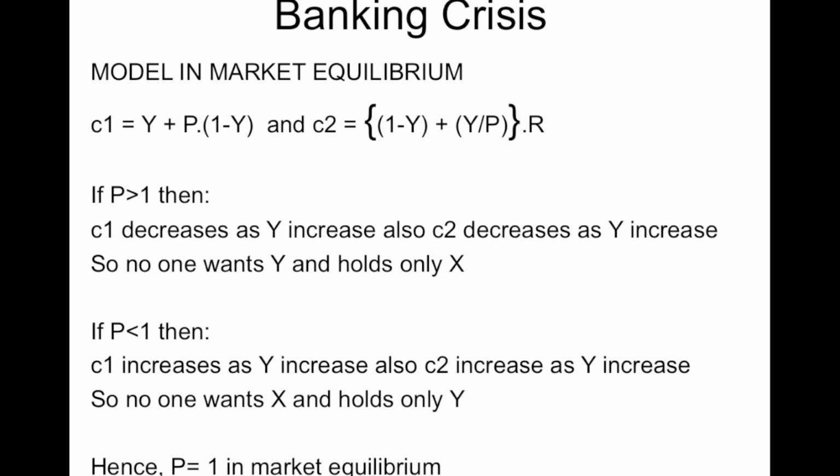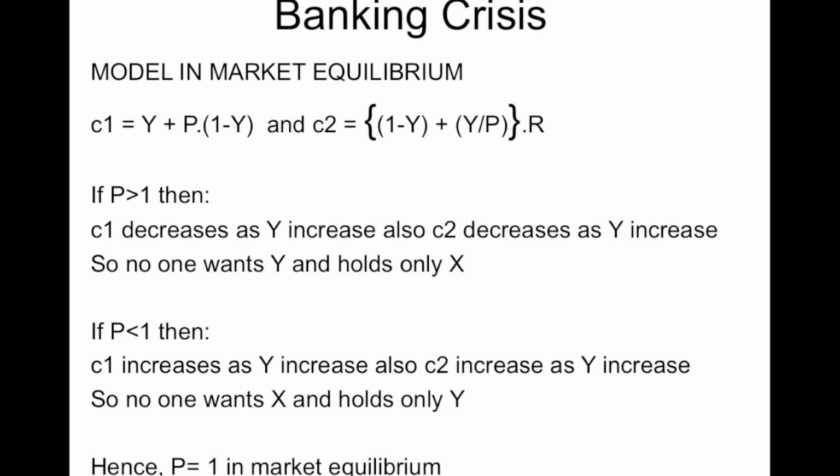So consumption at any point in time, t is equal to 1 and t is equal to 2, decreases as the units of the short asset increase. This means that no one is going to hold the short asset. They are only going to hold X, the long asset. So we are saying that no one wants to hold the short-term asset and everyone wants to hold the long-term asset, which is not entirely true. In the normal world, that doesn't work because people want to hold both the long asset and the short-term asset.